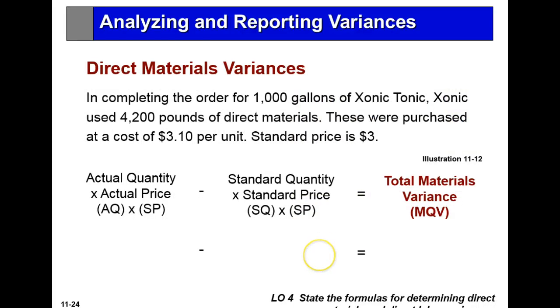In completing the order for 1,000 gallons of Exonic tonic, Exonic used 4,200 pounds of direct materials. These were purchased at a cost of $3.10 per unit, but the standard price is $3 a unit.